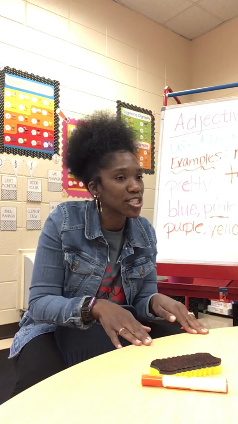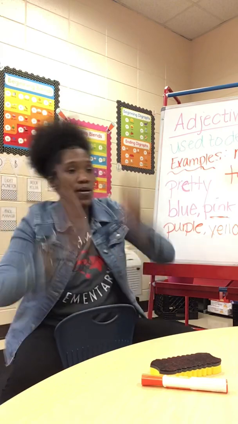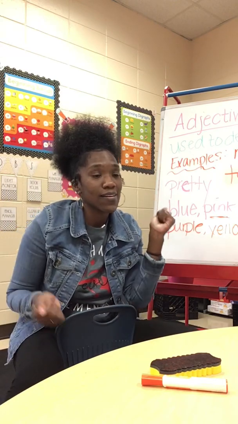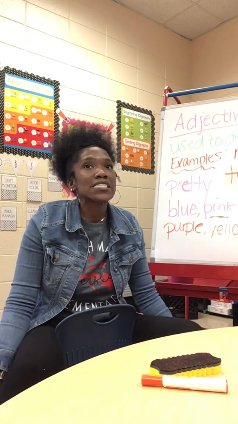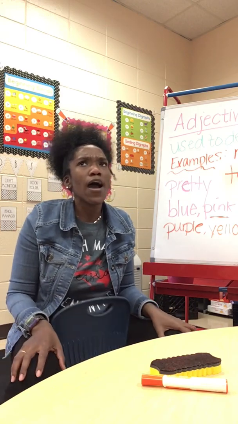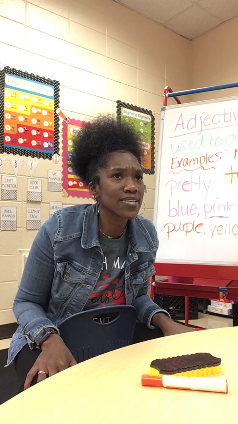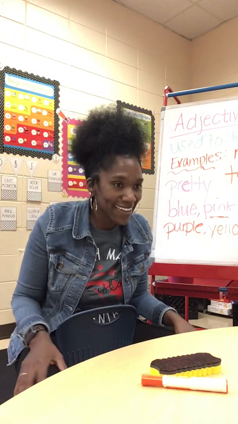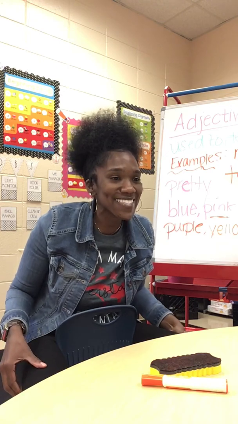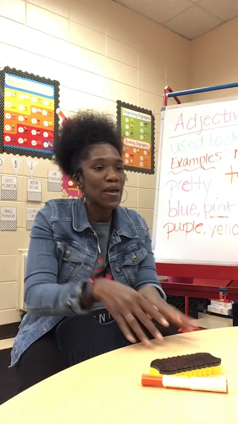Running is the action. That's the thing that I can do. I'm running. So remember, that's not the adjective. What if I said I am going to eat the yellow banana? Yellow is the adjective. It describes my banana.